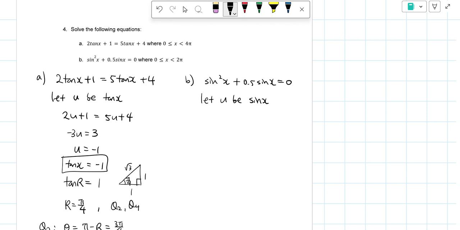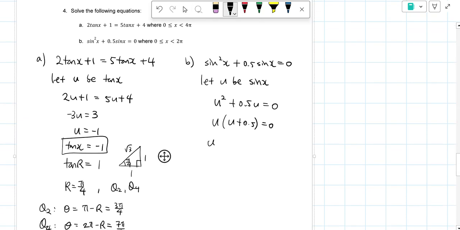If I replace sine of x with u, my equation becomes u squared plus 0.5 u equals 0. Now, this is a quadratic equation, and there are multiple ways to solve a quadratic equation, but for this one, I think factoring could be the best and easiest method. So let's use factoring. u times (u plus 0.5) is equal to 0.